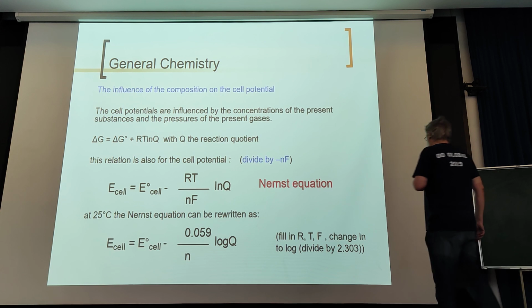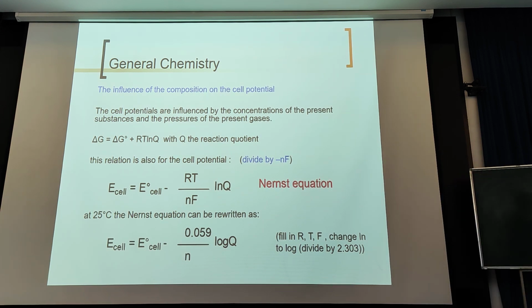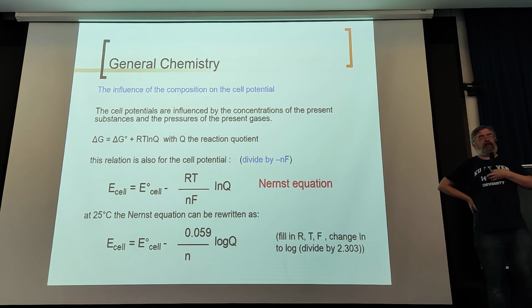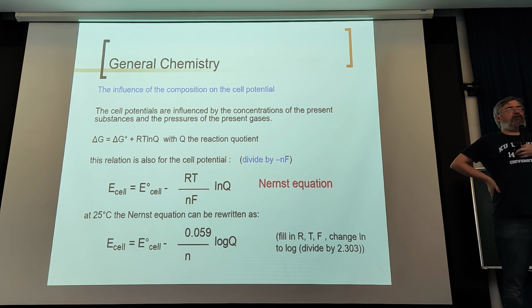And ln Q is the natural logarithm of the expression that is of the same form as the equilibrium constant, but does not have the equilibrium concentrations. If we have equilibrium, then ln Q becomes ln K, and delta G becomes 0.